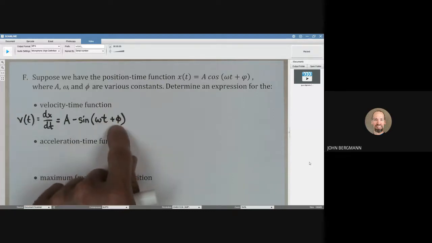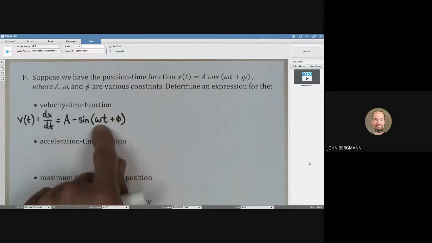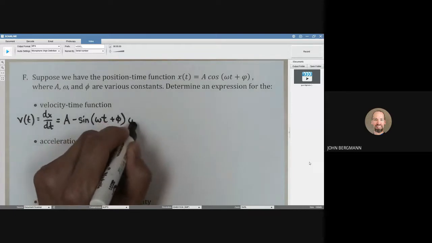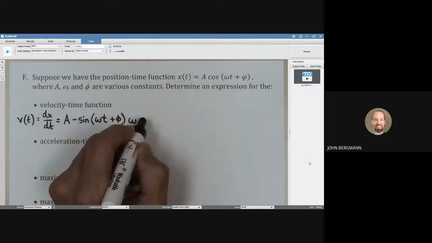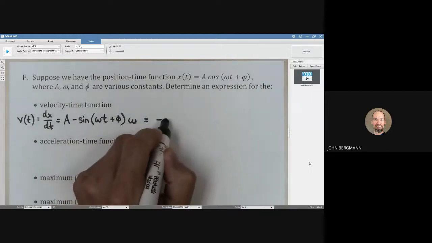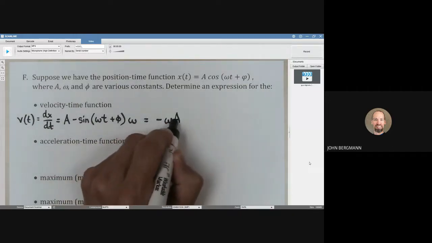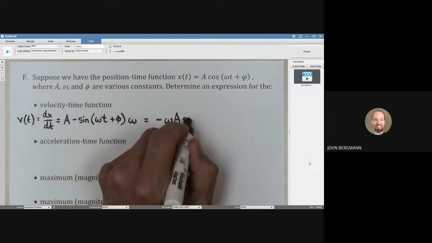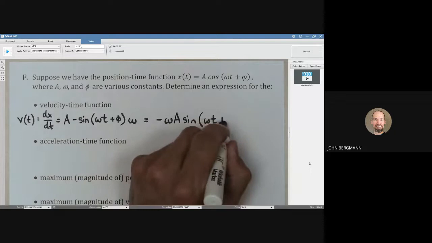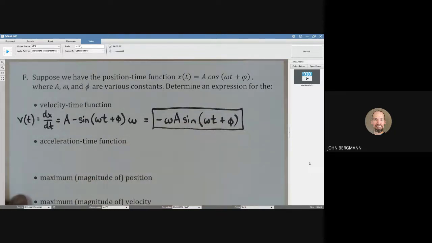Now, the derivative of phi is just 0, right? But the derivative with respect to time of this thing is omega. So I've got another omega that comes into play here, which means when we simplify this, I think I'm seeing negative omega A sine of omega t plus phi.